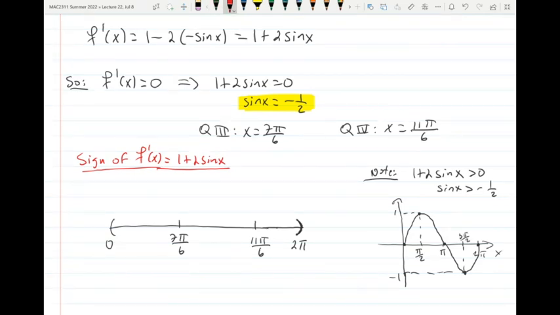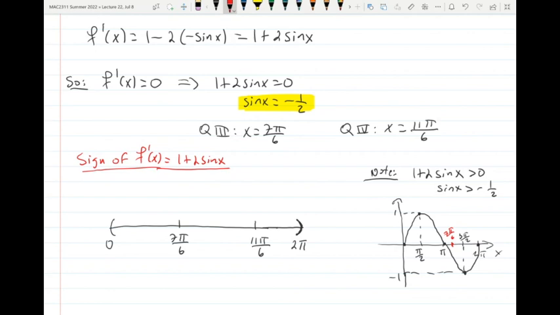So then 11 pi over 6. What is 11 pi over 6? 7 pi over 6 is in quadrant 3. It's more than pi but less than 3 pi over 2, so 7 pi over 6 is somewhere in here.